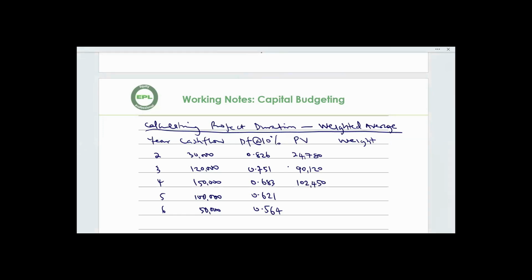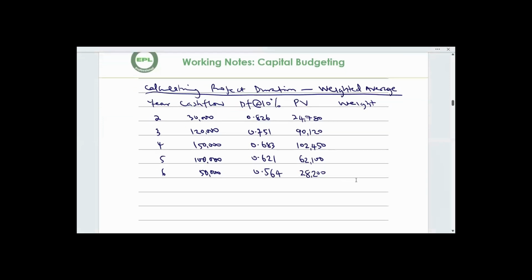Next one, 62,100. Then the last one, 50,000 multiplied by 0.564 equal 28,200. Add up all the present value.